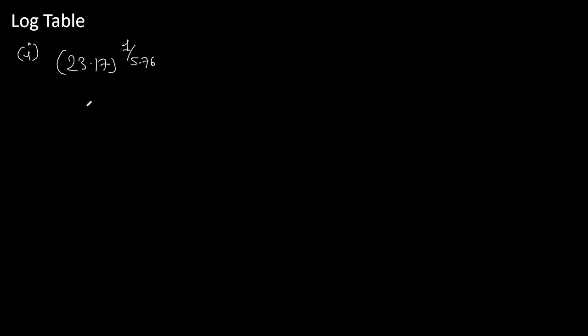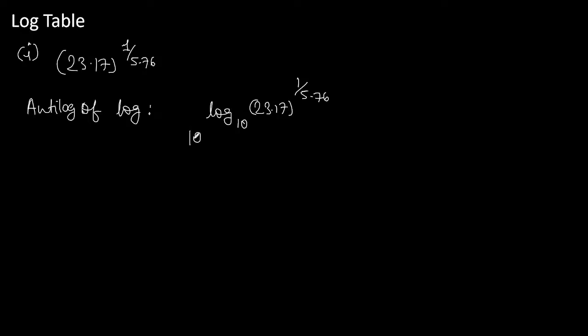Then I should be telling you that we will take the anti-log of the log. What will we do? First we will take log base 10 of 23.17 to the power 1 upon 5.76. We took the log, and then we'll take the anti-log.